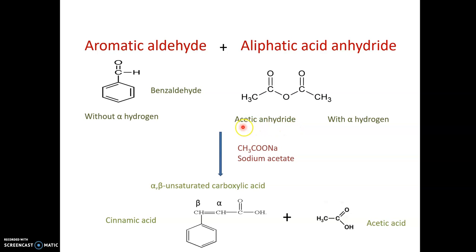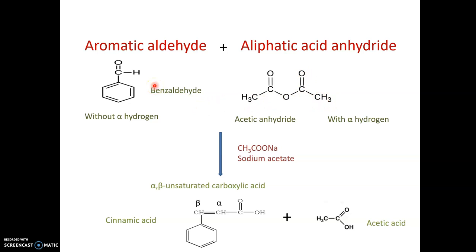We know very well that when two molecules of acetic acid condense with the elimination of one molecule of water, we get acetic anhydride. Benzaldehyde is C6H5CHO, and the acetic anhydride here is CH3CO-O-COCH3.